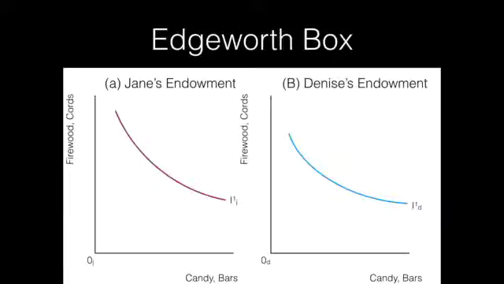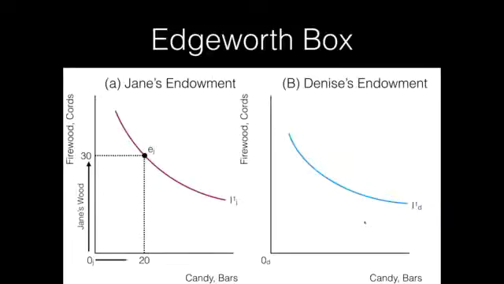So here we're going to have our typical indifference curves. However, you notice that we've got these denoted with J and D. So we know that this is the indifference curve 1 for Jane, and this is the indifference curve 1 for Denise. So that's the initial endowment for Jane.